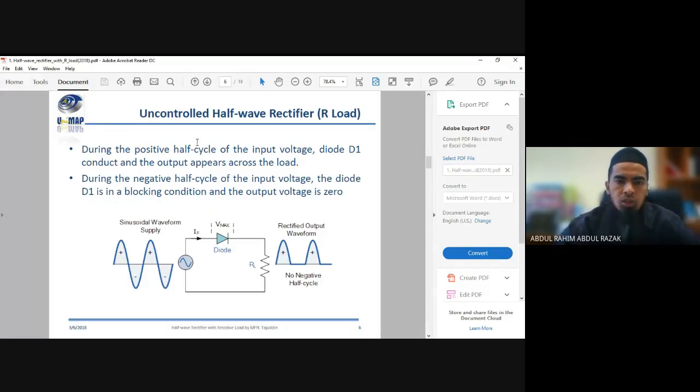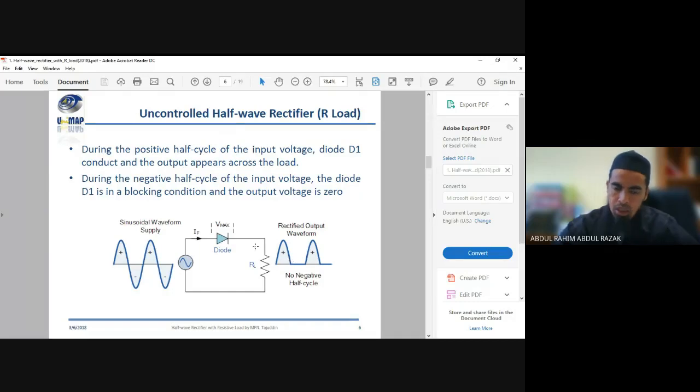Okay, for the uncontrolled half-wave rectifier, we assume a simple resistive load. During the positive half cycle of the input voltage, the diode here will conduct and the output appears across the load. As I explained just now, on the positive cycle you shall have a positive cycle here.